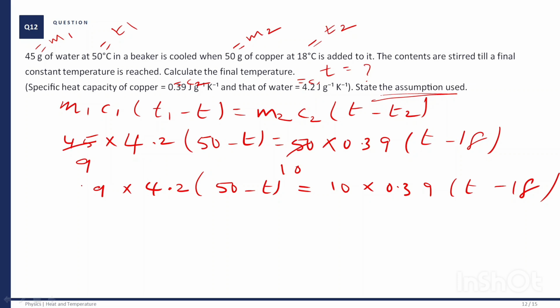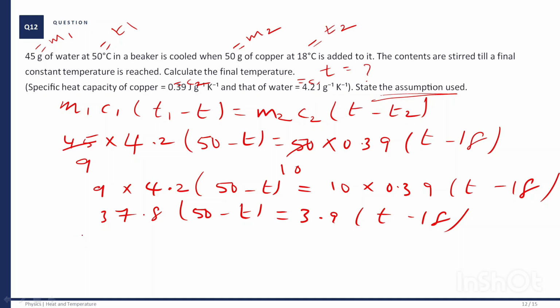Now multiply 9 into 4.2, you will get 37.8 of 50 minus T equal to 3.9 of T minus 18.